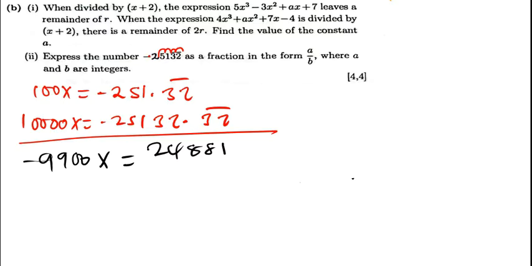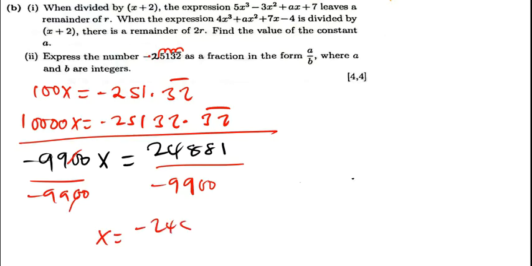So we can divide both sides by negative 9,900, so these will cancel out, meaning that x is now negative 24,881 divided by 9,900. You end there, because I don't think there's a number which can go into those two numbers. And then we can't go anywhere, we end there.